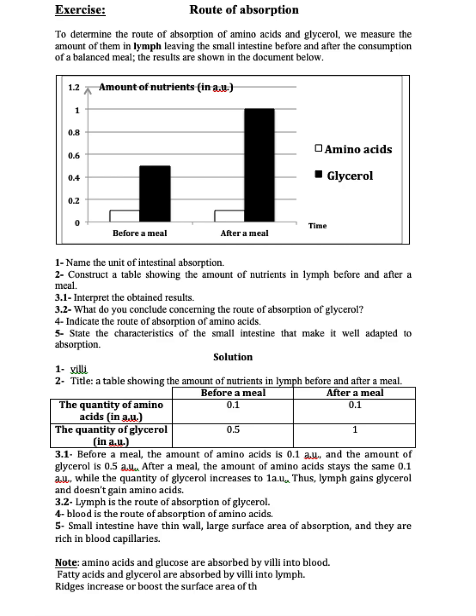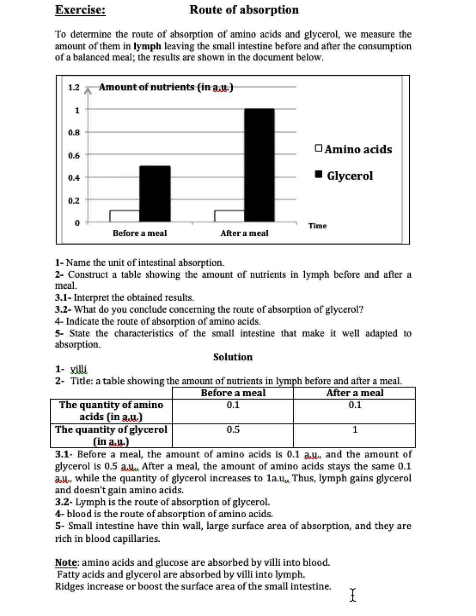Ridges increase or boost the surface area of the small intestine, so we can have more absorption. When we have many ridges, going up and down, we can put more villi, and in this case we can obtain more absorption.